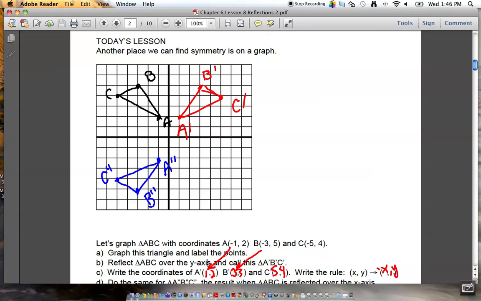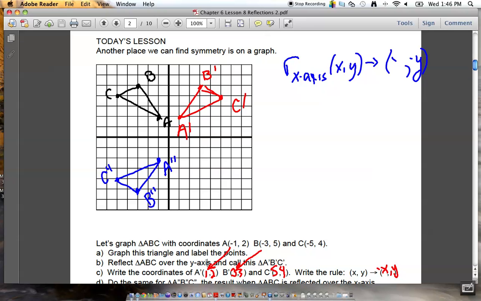Now, what would happen for this little r means reflection? You watching? Little r means reflection over the x-axis of xy. The general rule would be what? xy would become what? What gets negated, the x or the y when I flip over the x-axis? The y, right? The y is going from positive 2 to negative 2, positive 5 to negative 5.